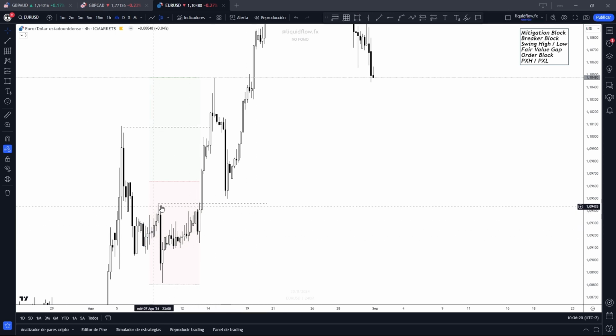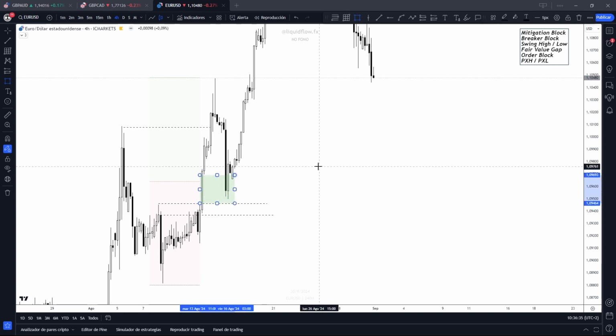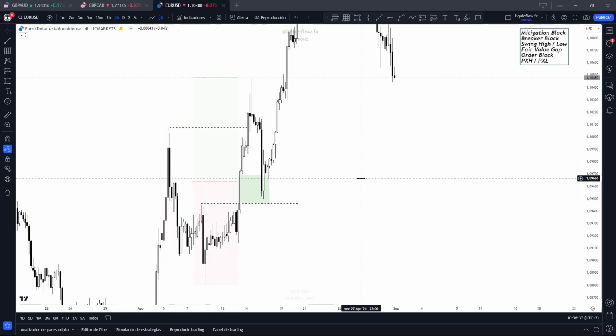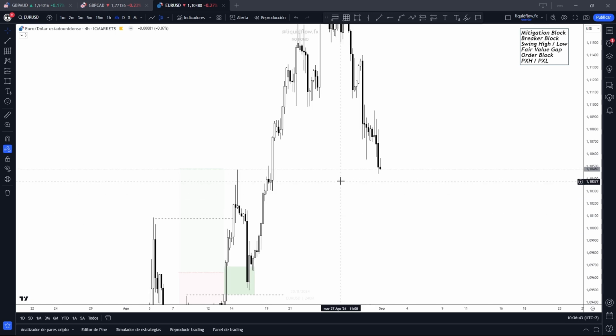And then we have here our order block, this down candle. Okay, and now what do we have? We have our fair value gap. And then as you can see, it comes to tap inside and then gives us some expansion.